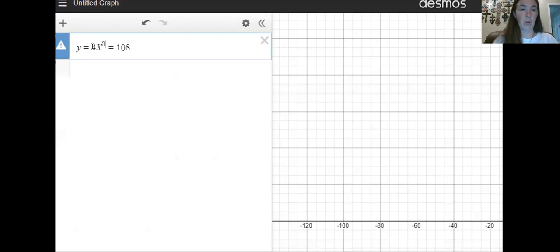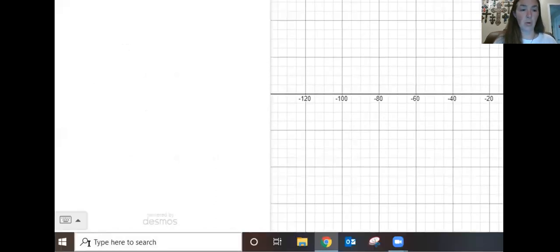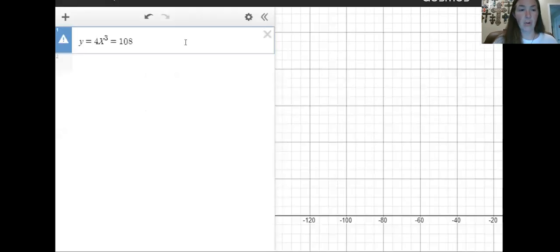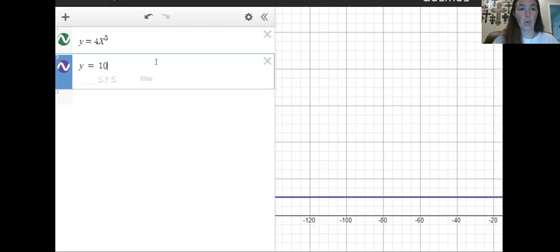So again, I'm going to put in the 3. And remember, if you don't want to do the shift up, you can always go down here and hit this A to B button, and that'll give you where you can type in the exponent. Okay. So again, 4x cubed, there's the first part of our graph, and then the second part is supposed to be y equals 108.